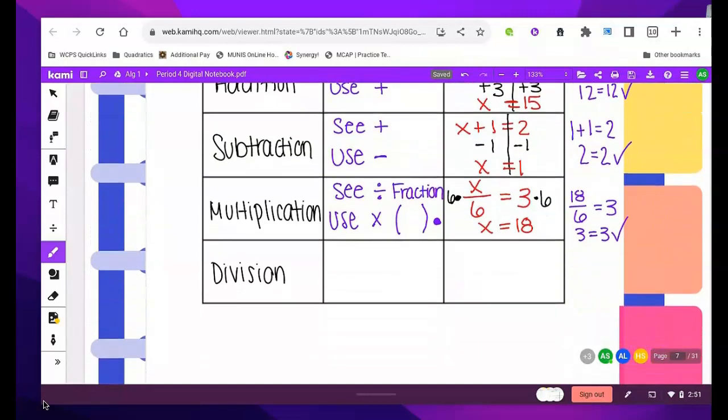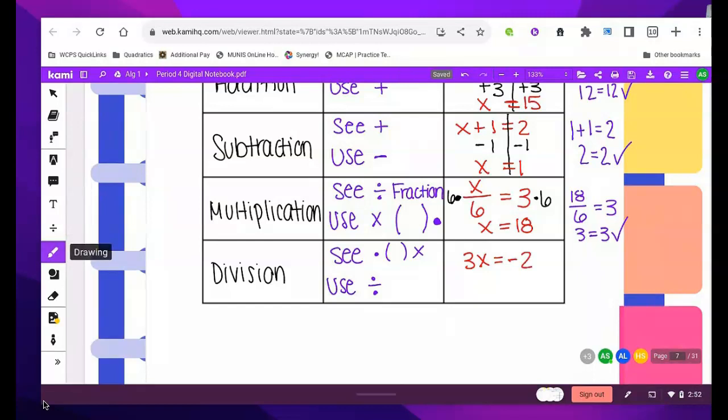And the last example is on our division. When we see multiplication, it can be in many forms. We can have a little x, we can have a little dot, we could have parentheses. We're going to use division to undo that. So let's look at the example. 3x is equal to -2.